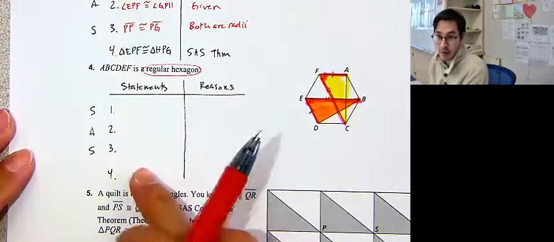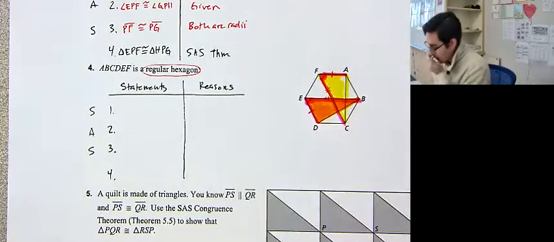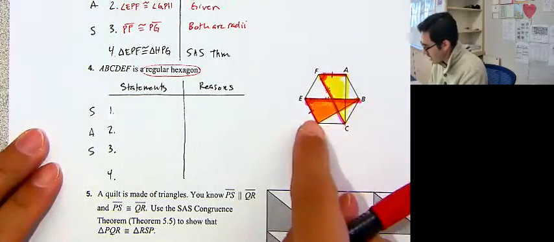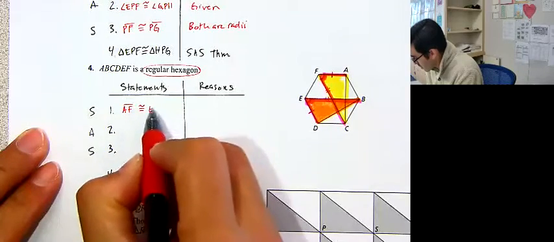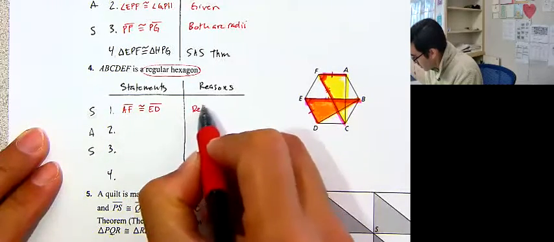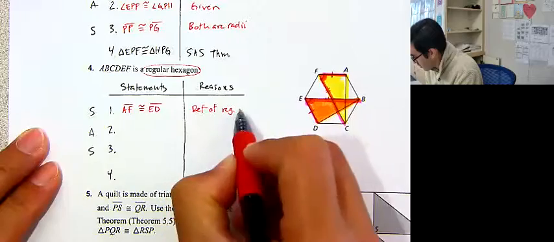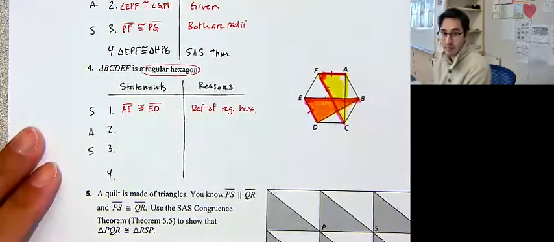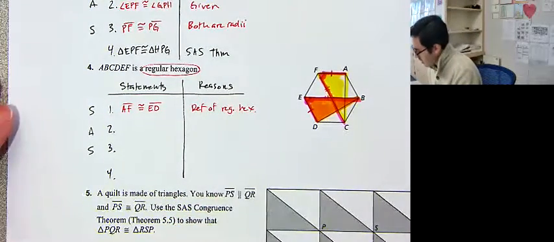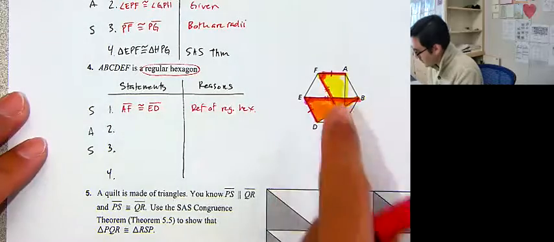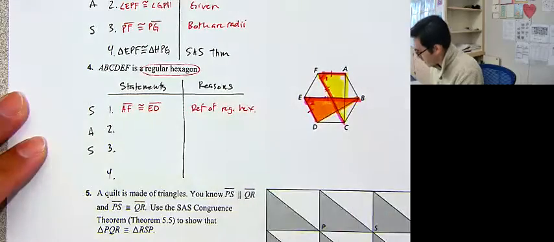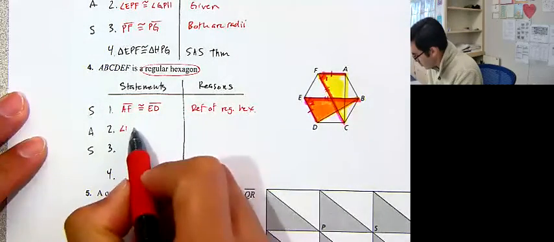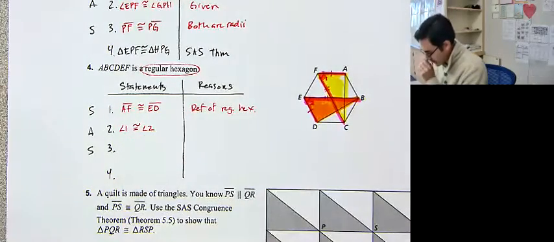And so now let's just record all that work that we just did in the diagram. So we started with AF and ED, and we're just using the definition of a regular hexagon. All the sides are going to be congruent. Then let me number this angle 1 and angle 2, just to make it easier. So angle 1 congruent to angle 2.